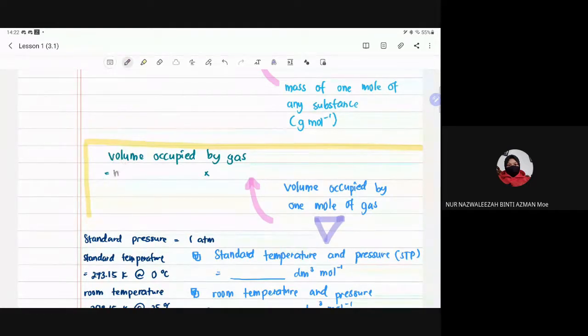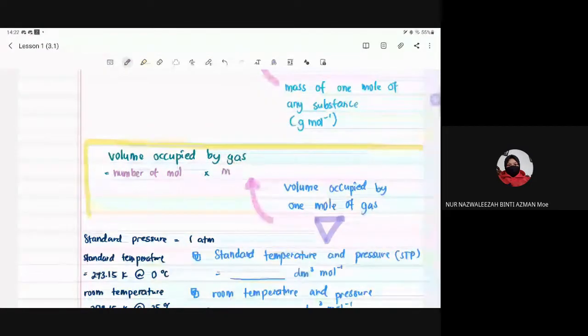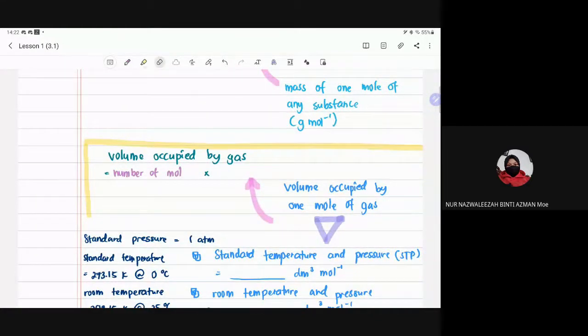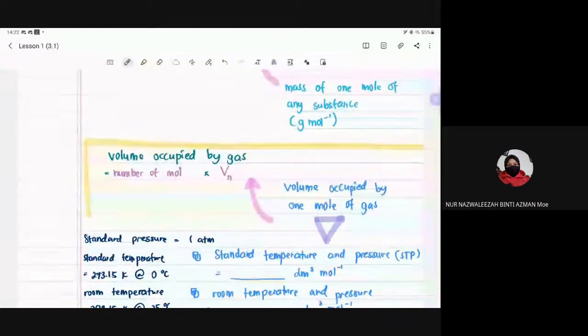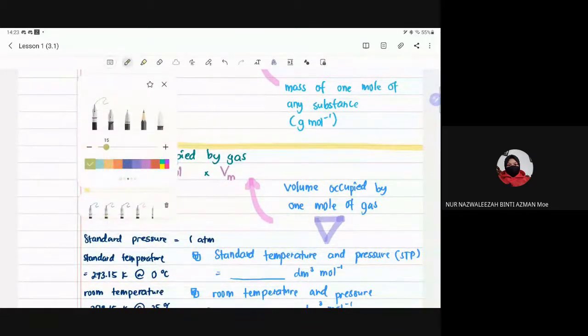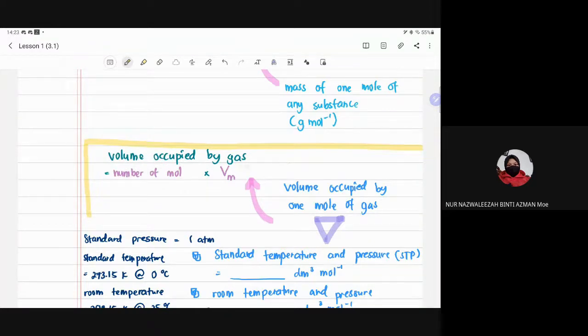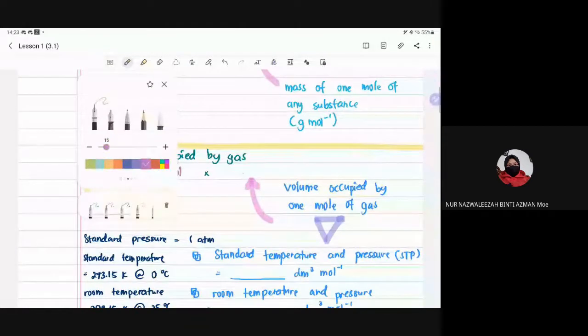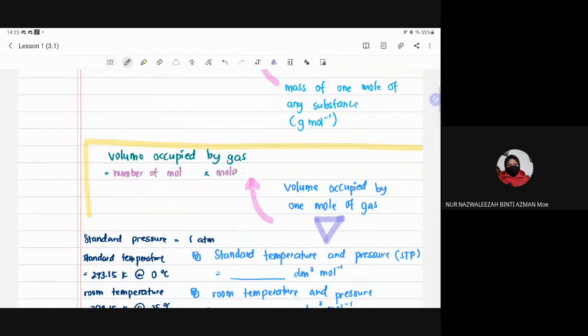We use the number of mole multiplied by molar volume, Vm. Molar volume, so N multiplied by Vm.